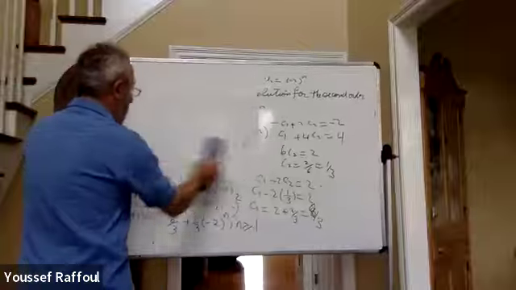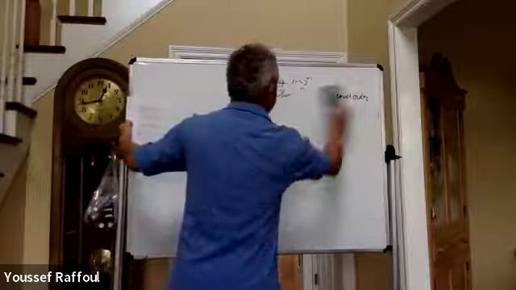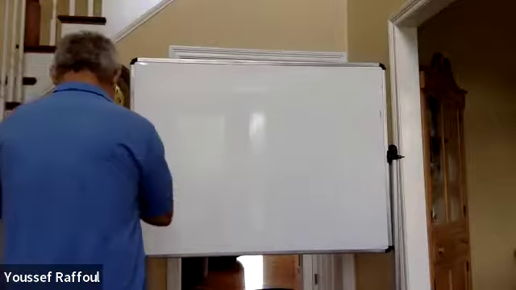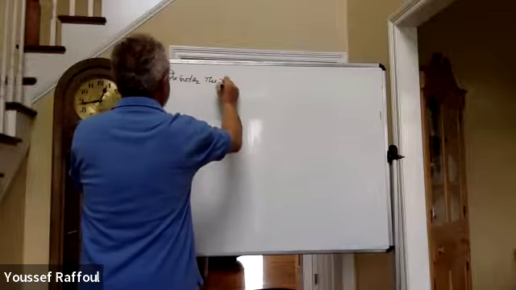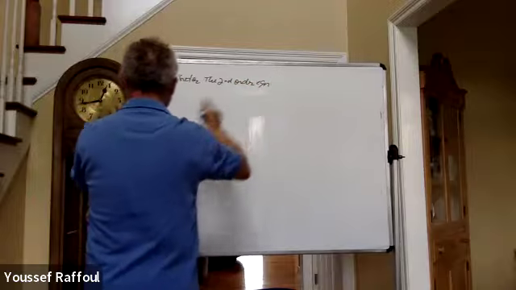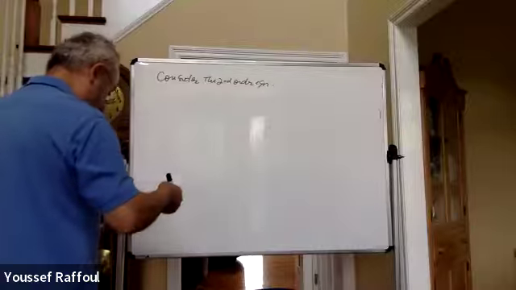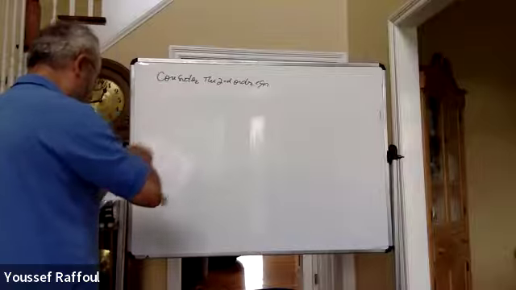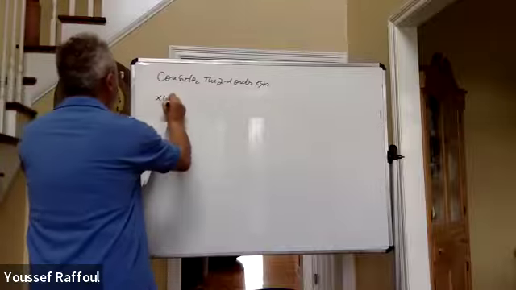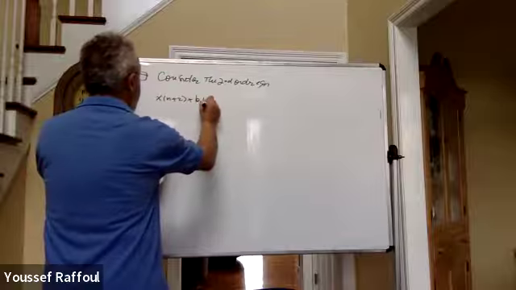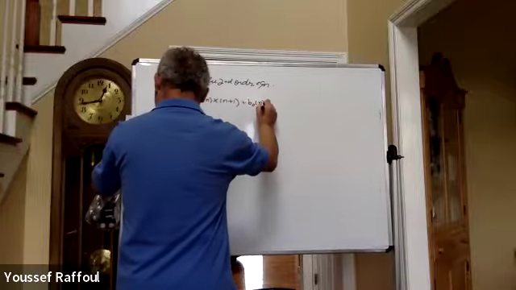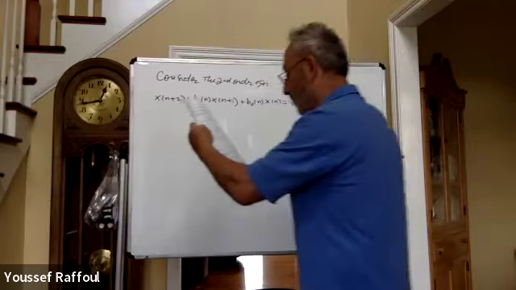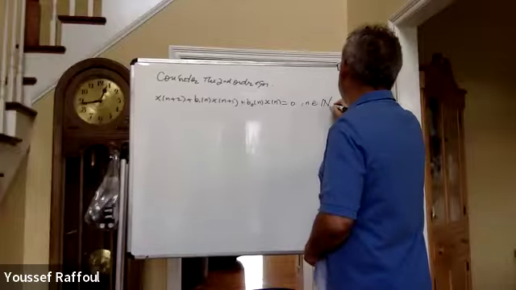Now, I want to take a look at, let's consider the second order equation x(n+2) plus b1(n) x(n+1) plus b0(n) x(n) equals 0, for n belonging to N naught.